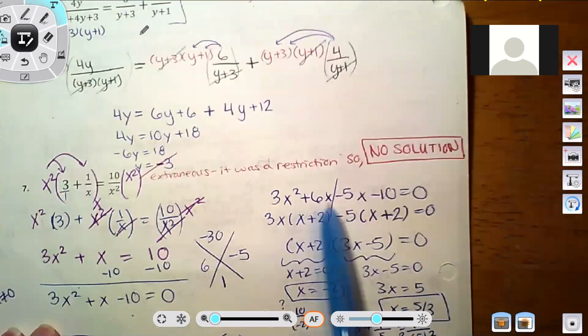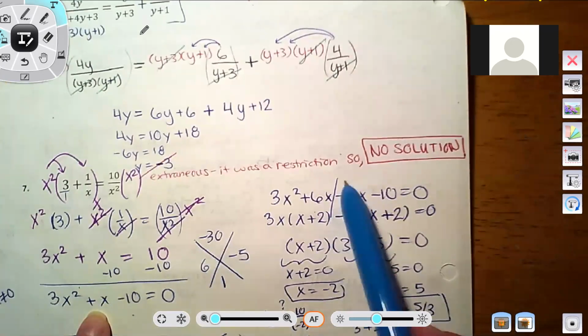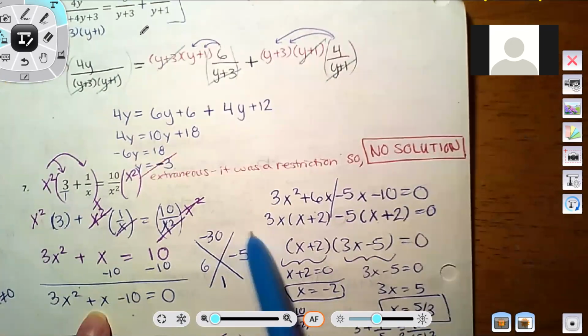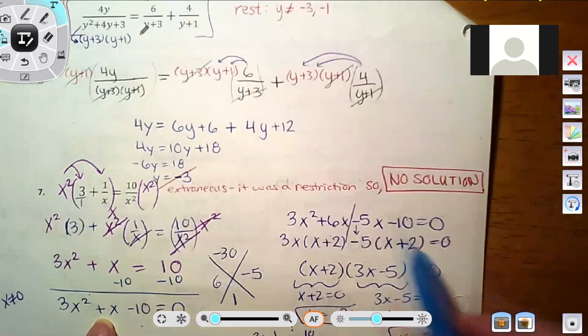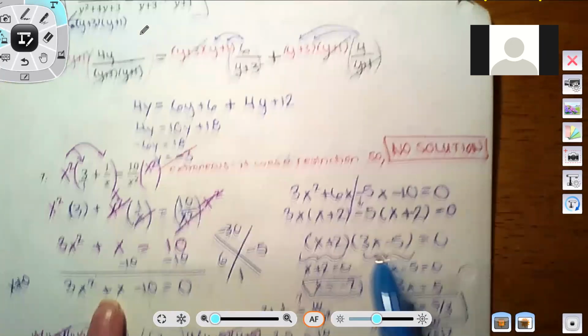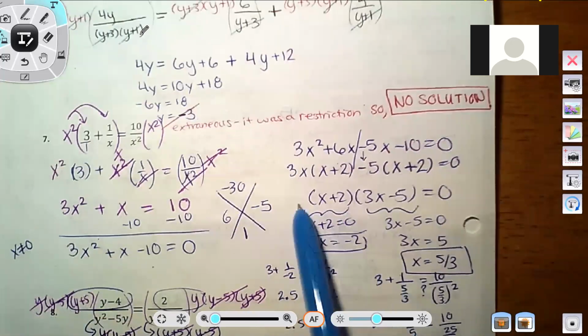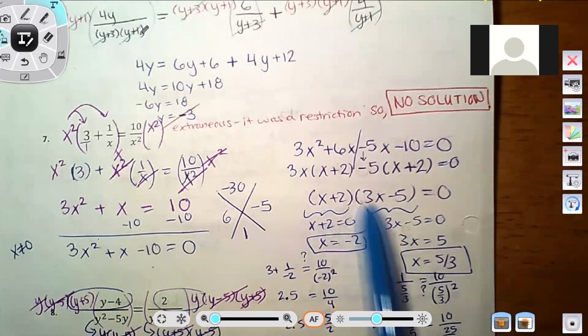Split that middle term up using those values. Do your factor by grouping, so cut it in half, factor each half. Don't forget you're factoring a negative here, so you'll change your sign. Factor out the common part. There are your leftovers. Figure out what makes each factor 0, because 0 times anything is 0.